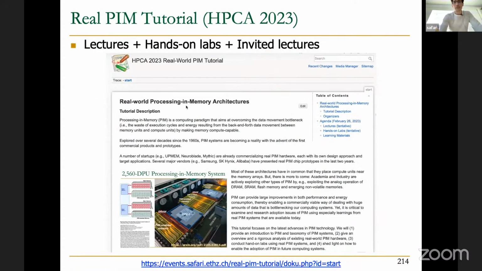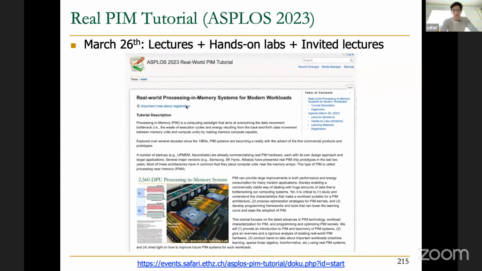Even more publicity, this is a recent tutorial that we delivered at the HPCA conference a couple of weeks ago, HPCA 2023, an entire day of lectures, not only from us, but also from other people in academia and industry. We had two interesting talks, one from IEDM, the other one from Alibaba, and you can access all the materials on the website and the recording from there.